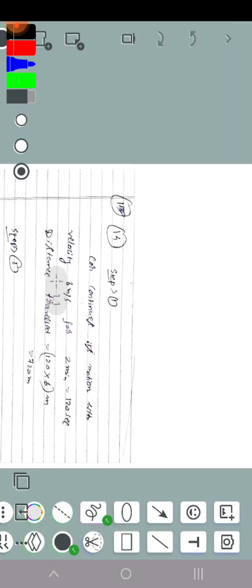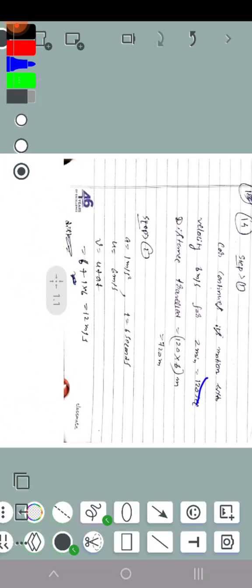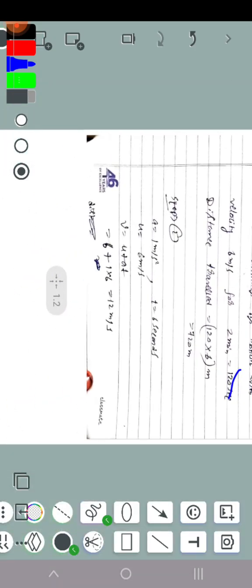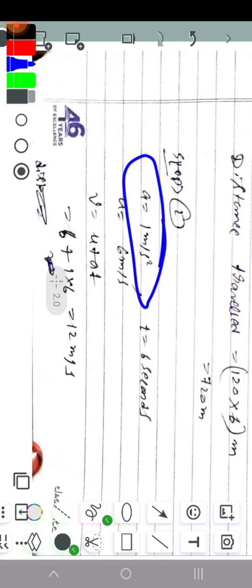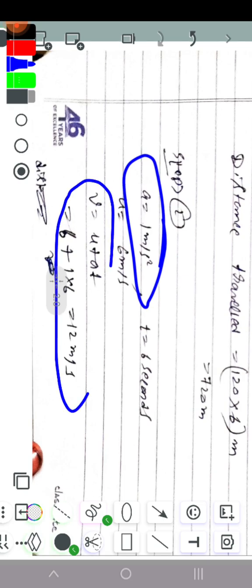You will see the car continues its motion with the velocity 6 meter per second for 2 minutes. But in step 2, after 6 seconds the car accelerates with the acceleration 1 meter per second square. If the car starts with the acceleration 1 meter per second square, we know that v equals u plus at.